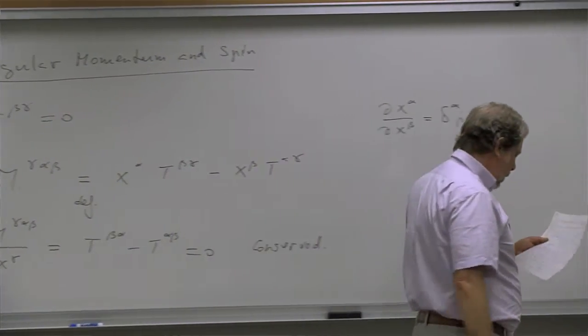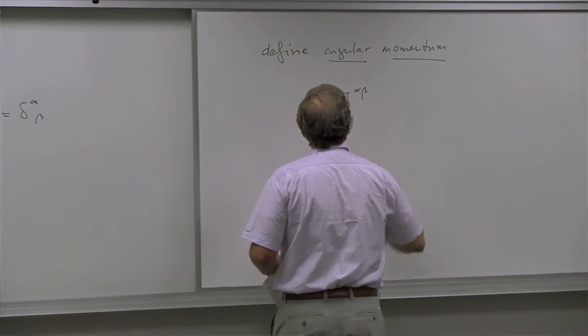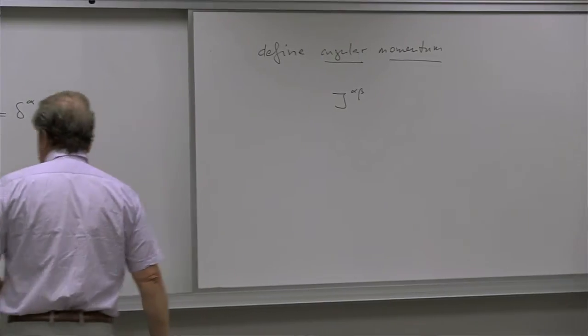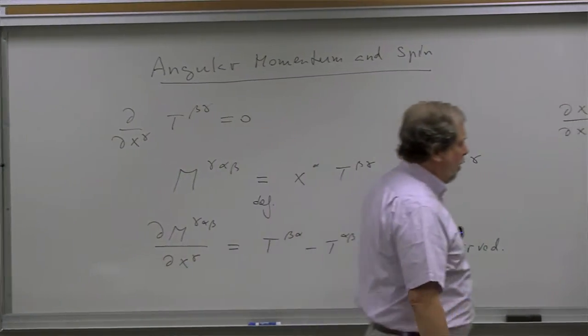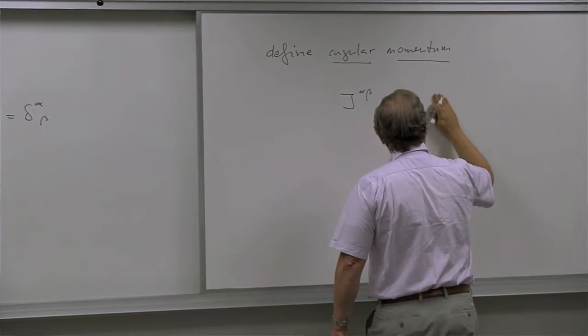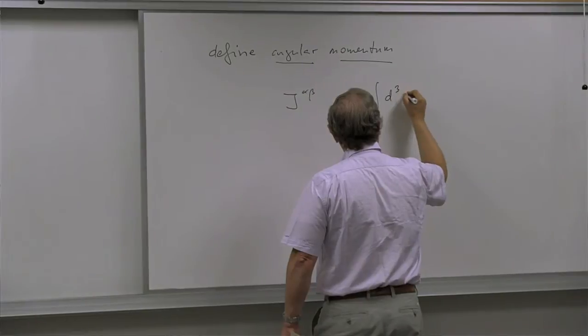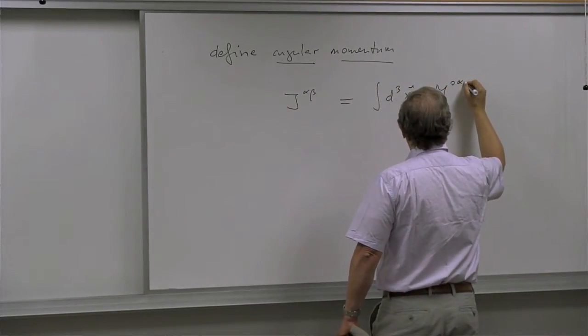So we define the angular momentum as J alpha beta, right? And we take the integral of the naught component of the M, defined as the integral in d3x of M naught alpha beta.